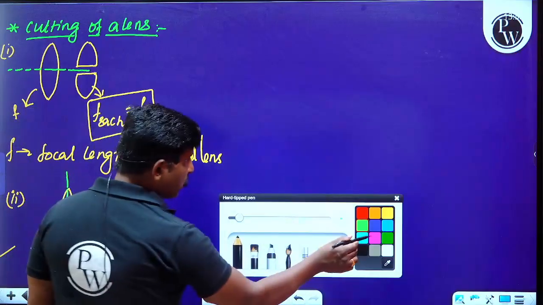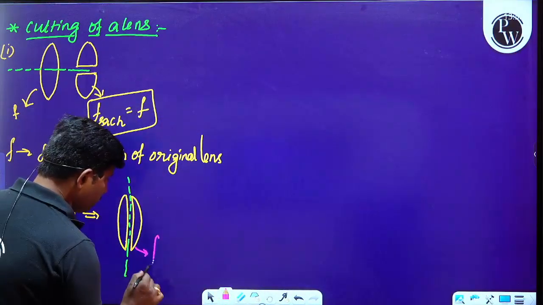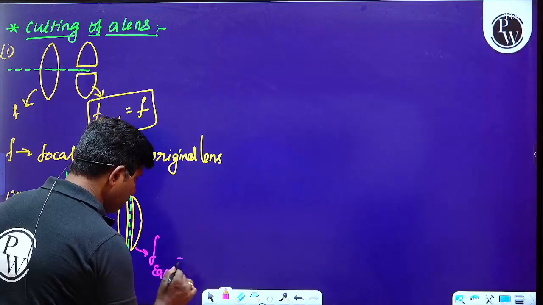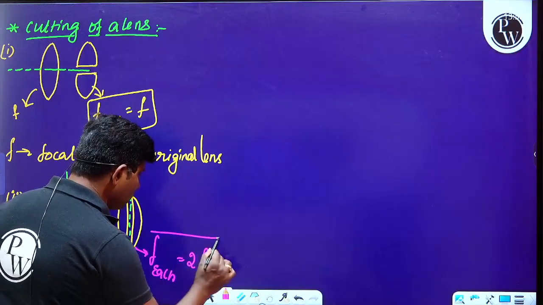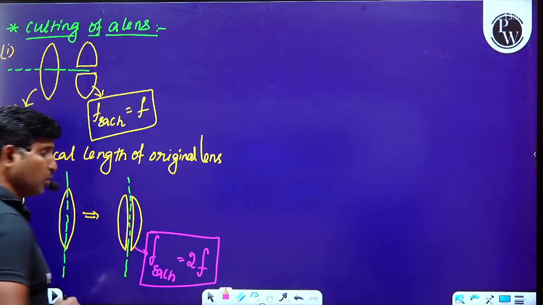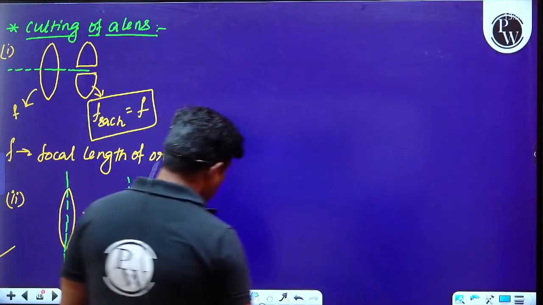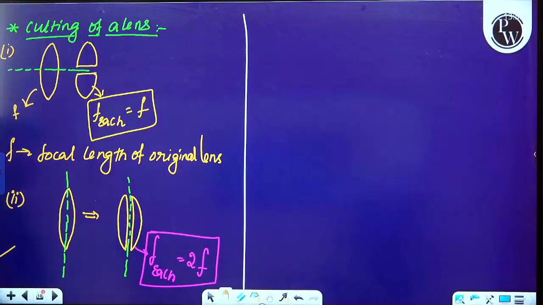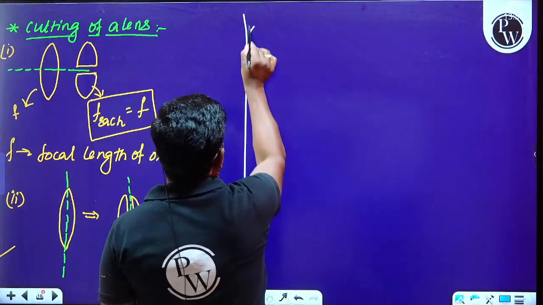Then what is the focal length of each part here? The focal length of each part becomes equal to 2 times the focal length of the original lens. Is it clear? I hope you're understanding these points. Now let us move on to the next one.